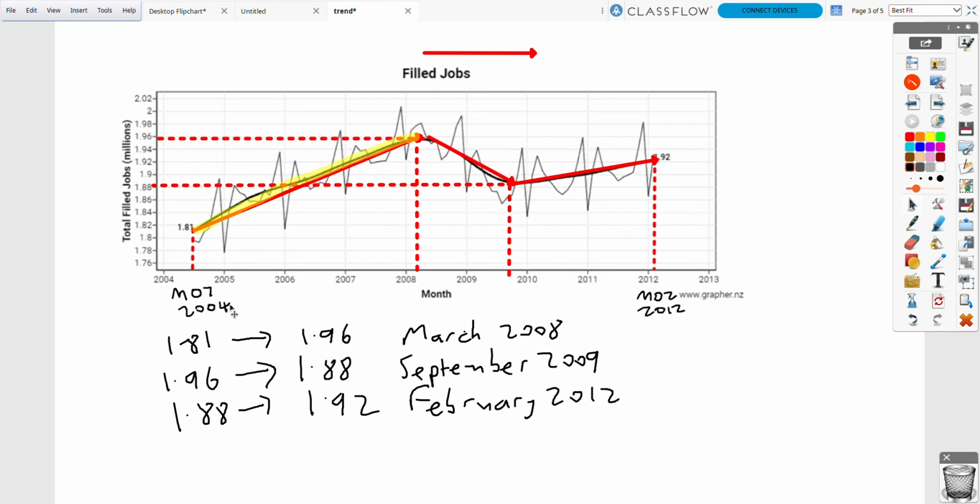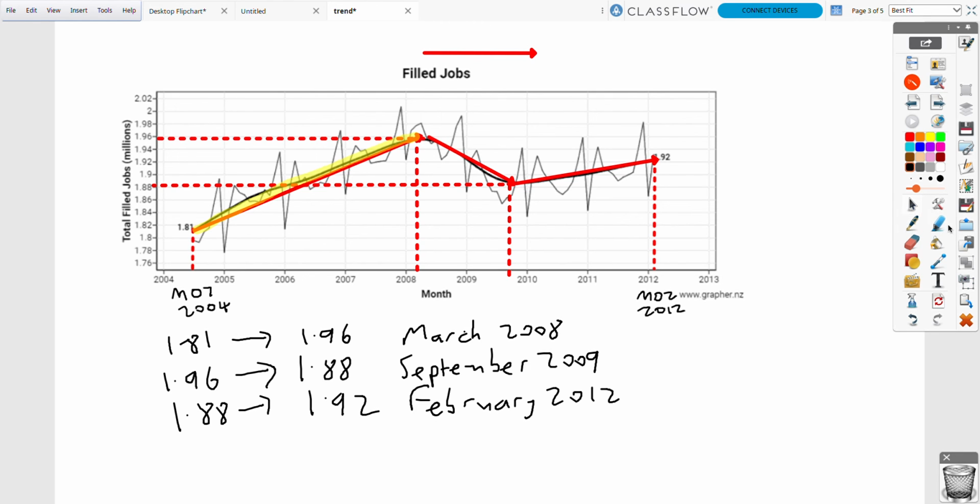July 2004 to March 2008, the population of New Zealand was increasing. Now, if I've got an increase in population, I would expect to have an increase in the amount of people in employment. So that could be explaining my increase in my trend line there.